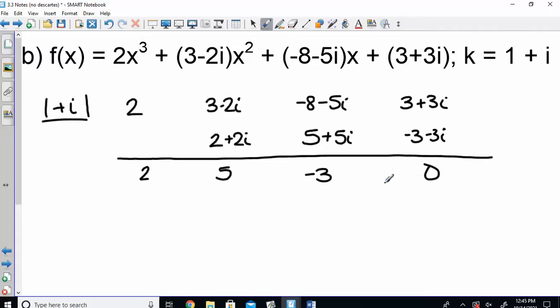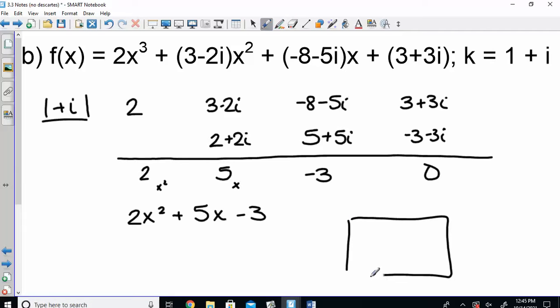Alright, so if we write what we have left, this is my remainder, constant, x and x squared. We're trying to factor, we're down to a quadratic, so we can do box method. So these multiply to a negative 6, need them to add to a positive 5.